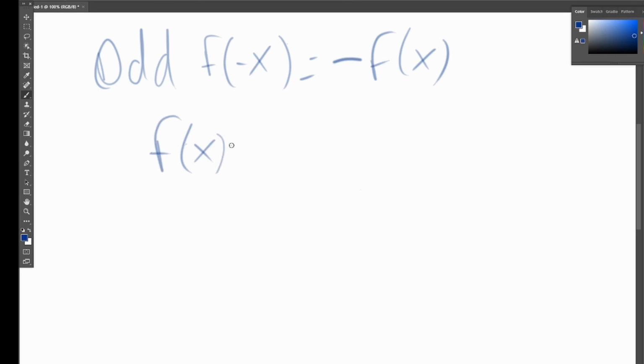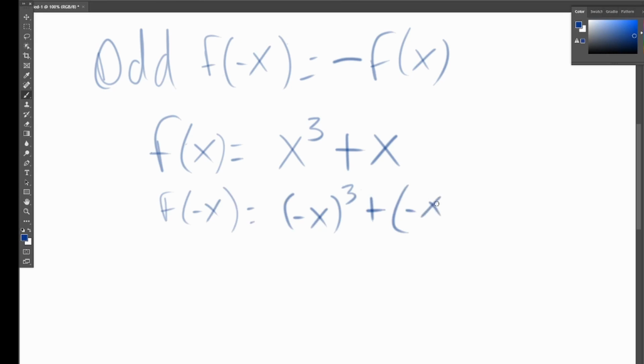Let's say our f of x was x cubed plus x. So what happens when we take f of negative x? Well, we'll have a negative x cubed plus a negative x, which simplified would be a negative x cubed minus x.